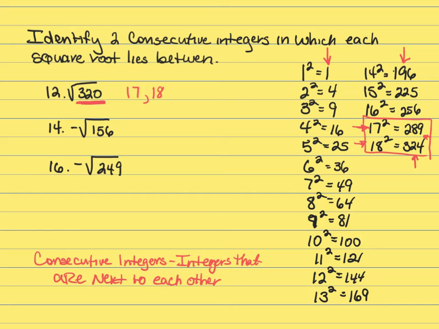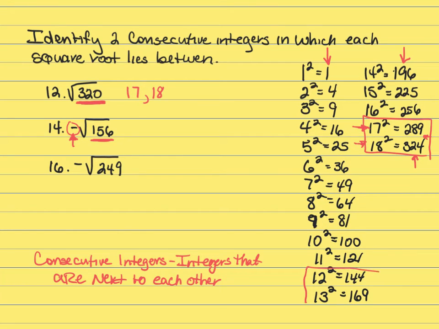So with number 14, we see that there's a negative sign here. So what we're going to do is we're just going to ignore it until we're done. So we're going to do the same thing we did at the top. We're going to go to the square root of number 156. So we take this number here and look down our column and find 156, where two numbers that 156 lie between.